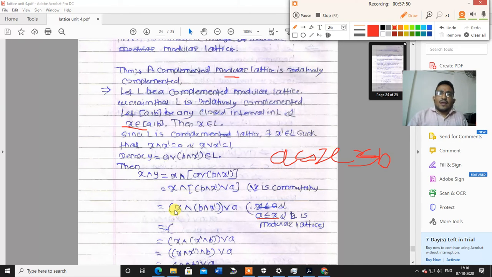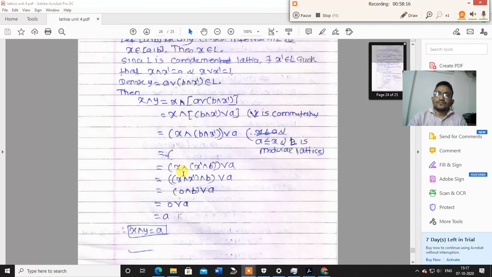Therefore we can say A join B meet X dash. By the commutative property, X meet X dash meet B join A, and by the associative property for meet, X meet X dash meet B join A.